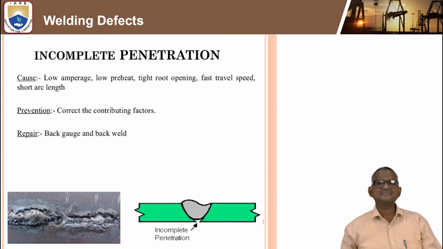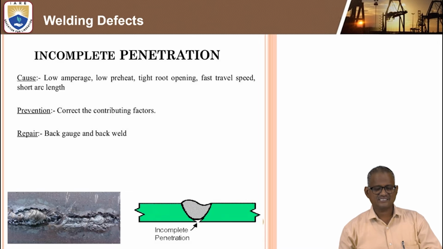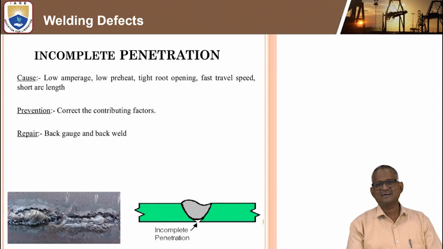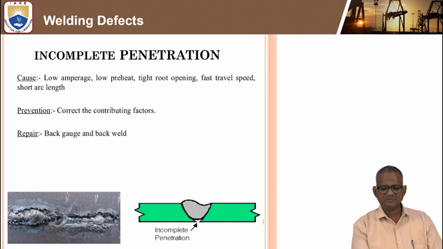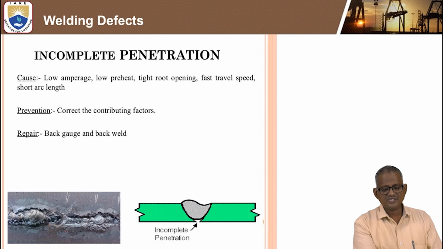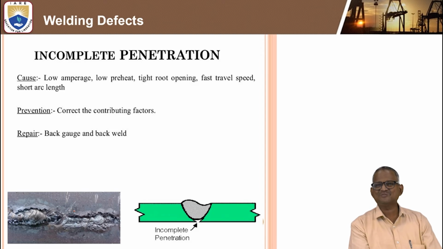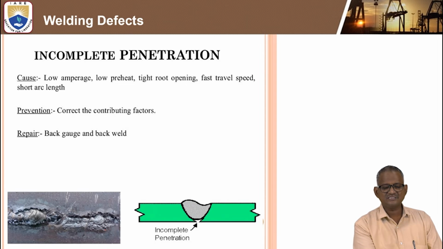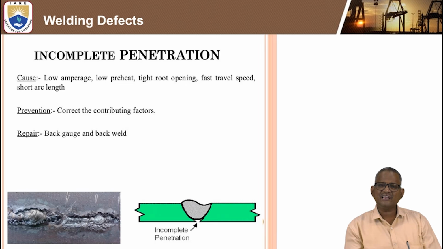And next thing is incomplete penetration. Look at the difference between the 2D diagram and the 3D diagram. This is the real one. After performing the welding process, you can see it seems to be uneven and clumsy. That is incomplete penetration. While performing the welding, it should be neat and clear.